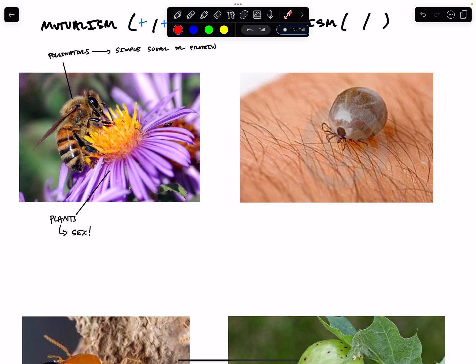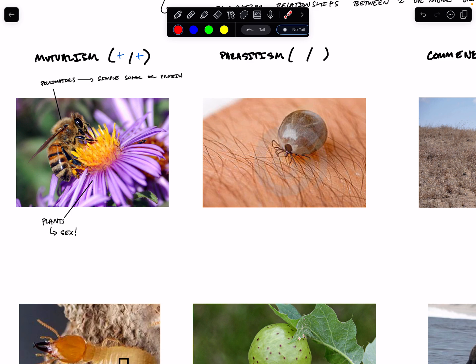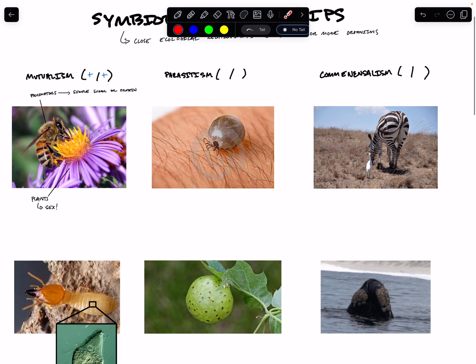It's a pollen delivery system from one flower to the next. This benefits both parties. The pollinators get a free meal, or not free, they're doing a job. They're moving gametes around, and the plants get fertilized.